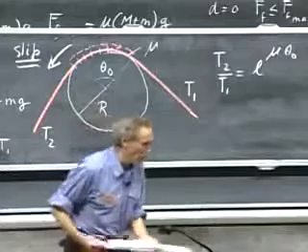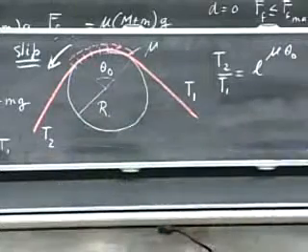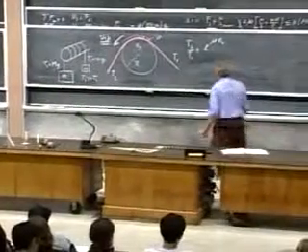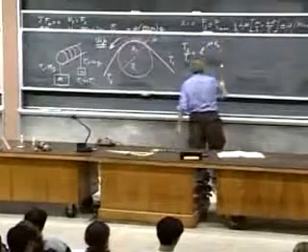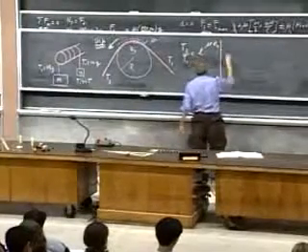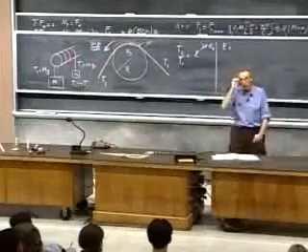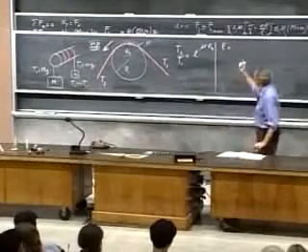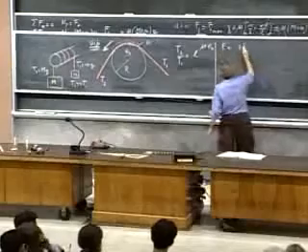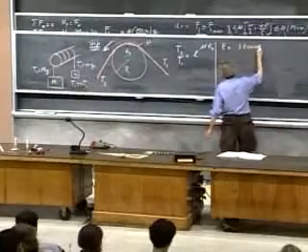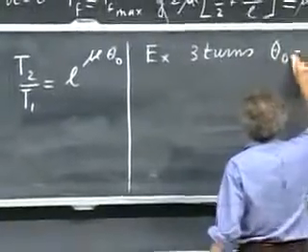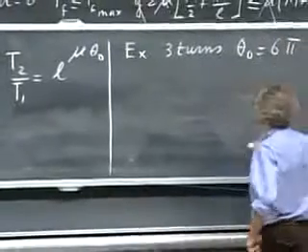Now let's put in some numbers so that we get an idea of what we gain. Let us take, let's say, 3 turns. We wrap the rope around 3 times. So 3 turns means theta 0 equals 6 pi.